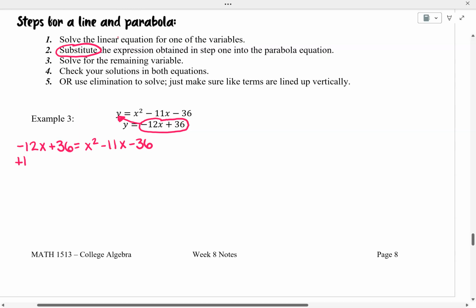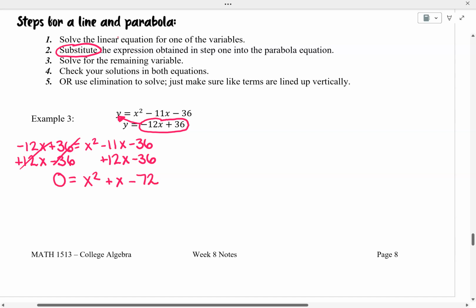So that means I would want to add the 12x to the negative 11, and I want to subtract the 36, and then put that underneath my other negative 36. So all of this cancels. I get a 0. X squared, negative 11x plus 12x is 1x, and negative 36 minus 36 will be a negative 72.